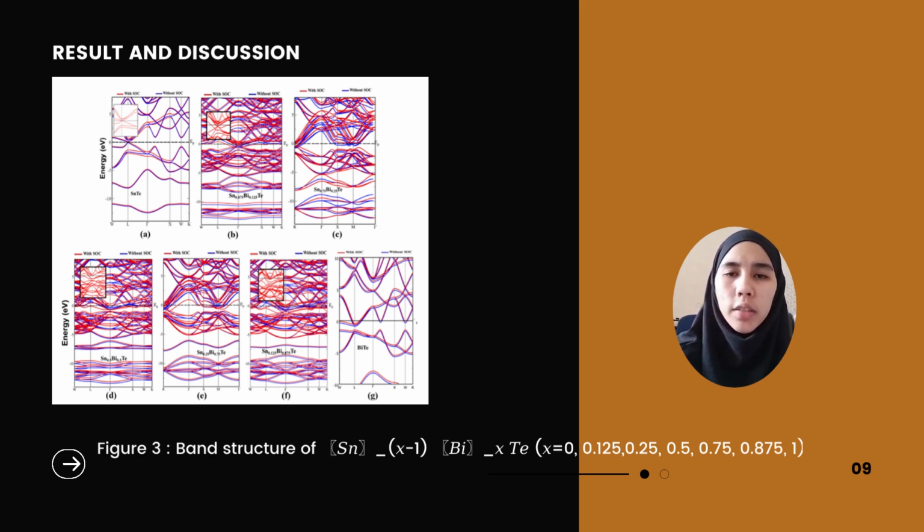And we can conclude that this material contains centrosymmetric point groups due to Kramers degeneracy, and each band curve is doubly degenerate in both non-SOC and SOC calculation, which in figure 3f confirms metallicity.